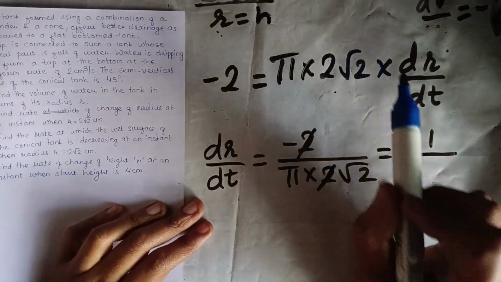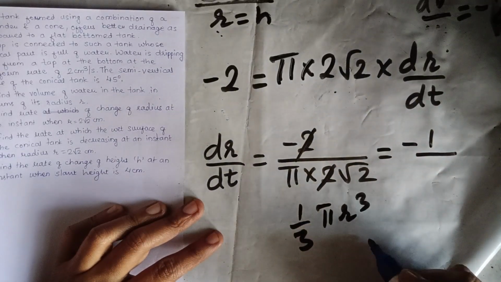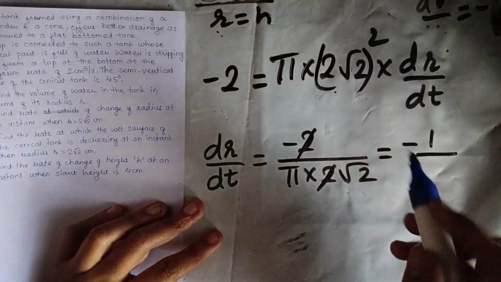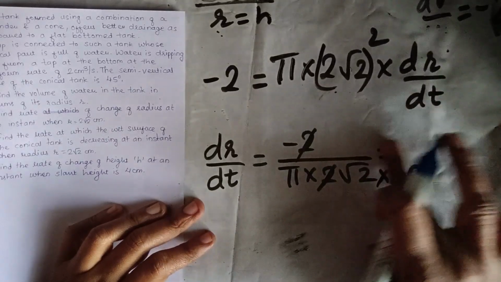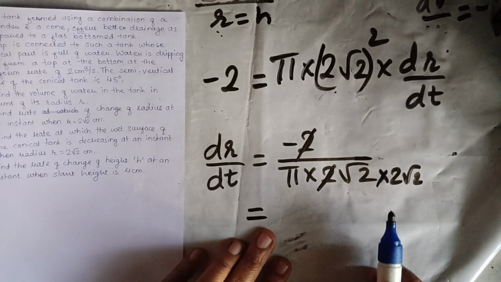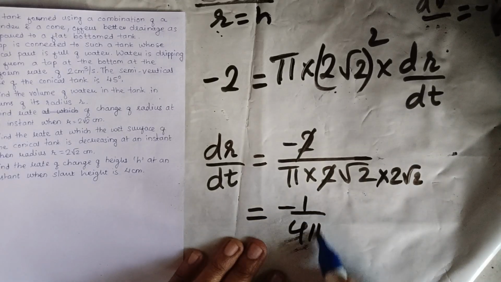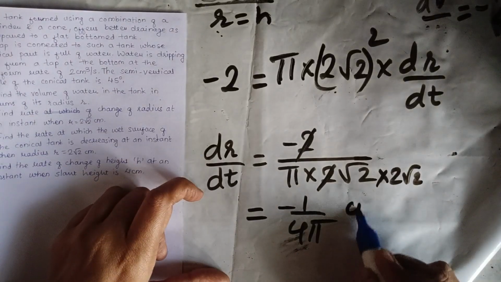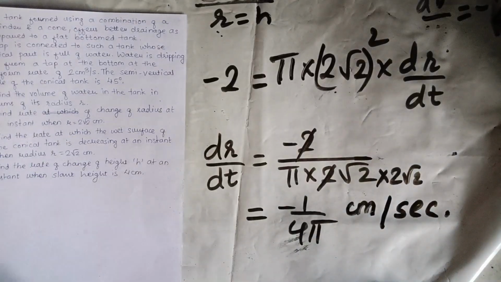This is r square, 1 by 3 pi r cube. So this is square. So root 2 into root 2 is 2, minus 1 upon 4 pi. Okay, change in radius. So this is centimeter per second. This is your dr by dt.